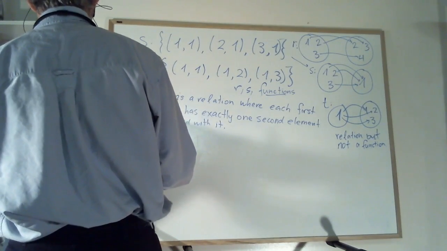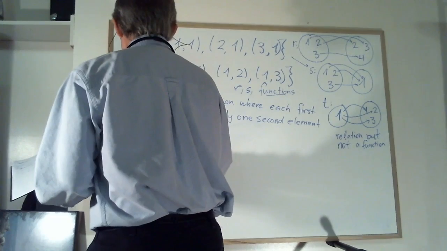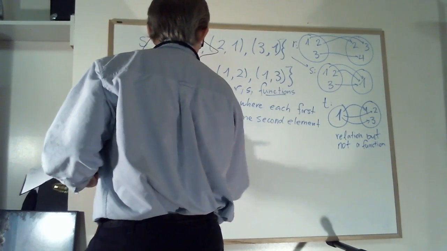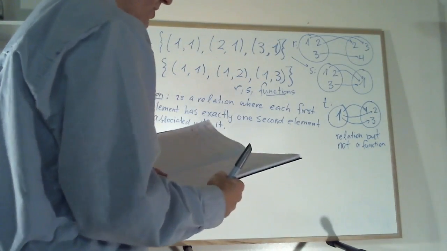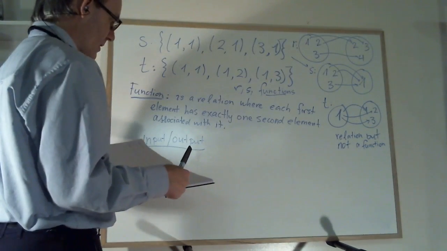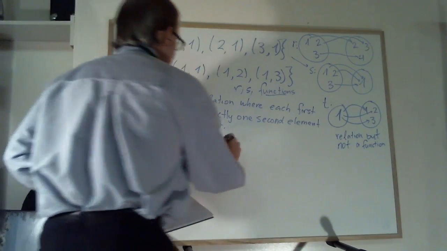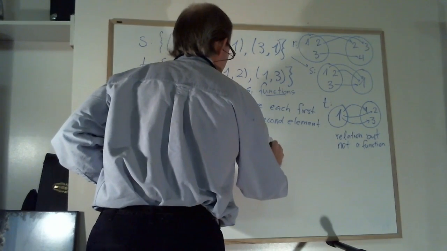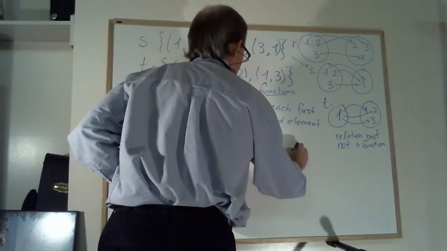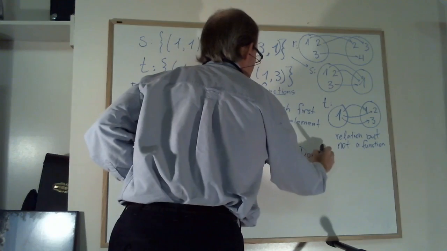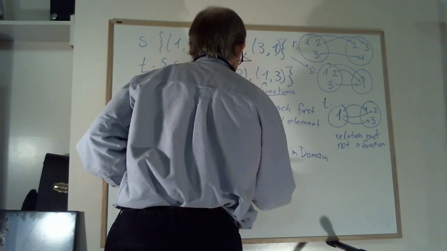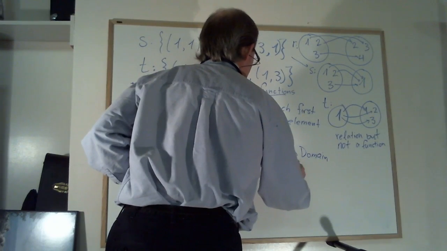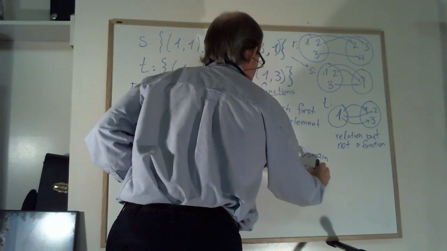Okay. So another way of viewing functions is you look at them in terms of input and output. So the input values are elements of the domain, and the output values are all the values you can get, namely those in the range.